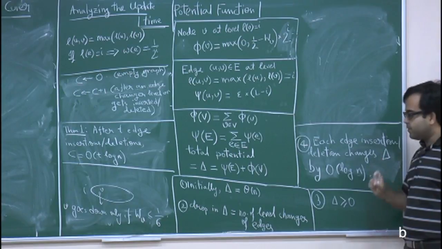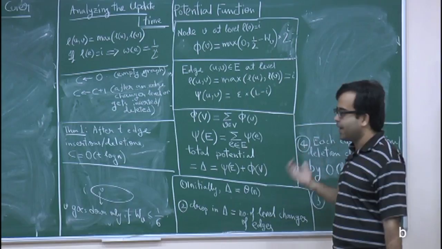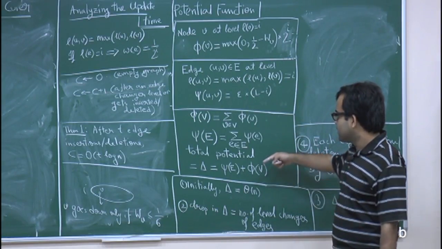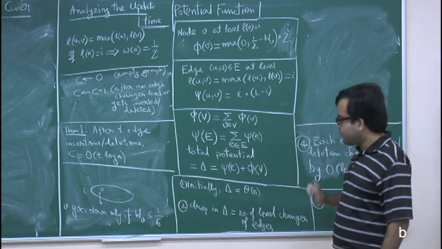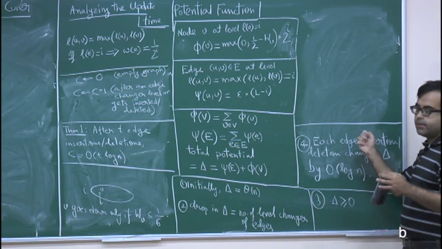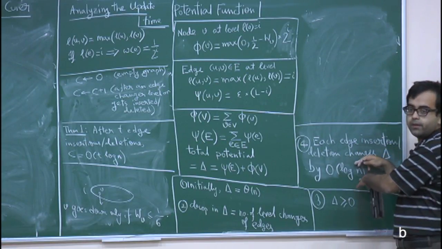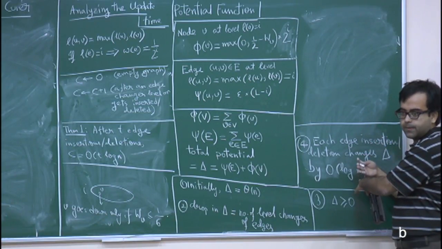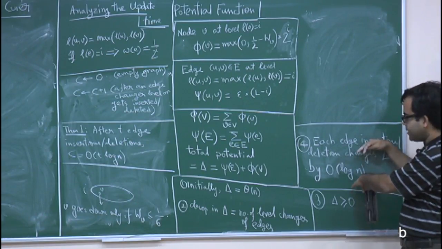So the high level point is this. If you think of this potential as your bank balance, it goes in the following way. You start initially with theta n balance in the empty graph. Then the process is as follows. After each edge insertion deletion, somebody deposits at most log n dollars or rupees into your account. It can also withdraw something from your account, but the point is that the change is at most log n.